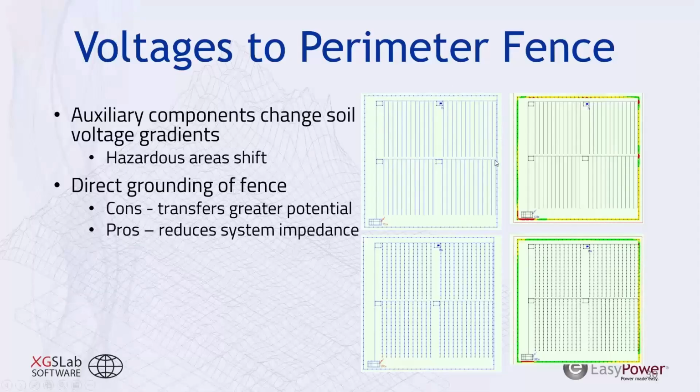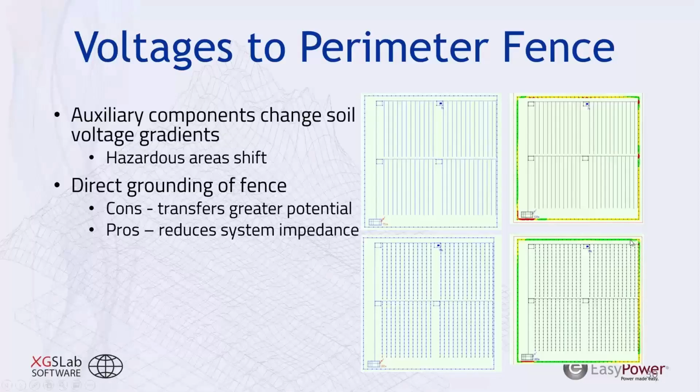So on the top model, we're not doing that. We just have the dedicated ground. And because of that, what we see is there's touch voltages exceeding compliance limits in some portions, kind of along these corners where the yellow is indicated. But when we do a more detailed model where we have all of those auxiliary posts, we see a little bit different story.